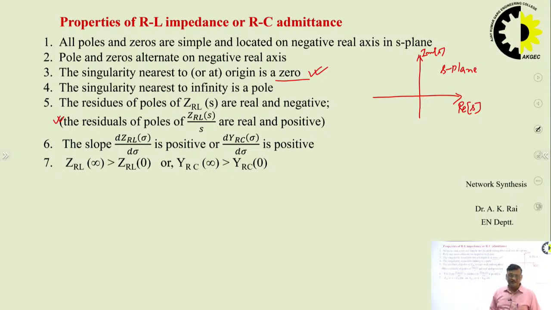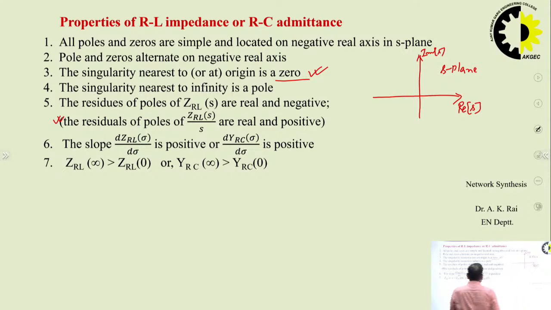So the residues of the poles are real and negative. Then how can we carry out the partial fraction expansion? Then we go for this. Divide by S on both sides and then carry out the partial fraction expansion, find the coefficients, then after that multiply with S.